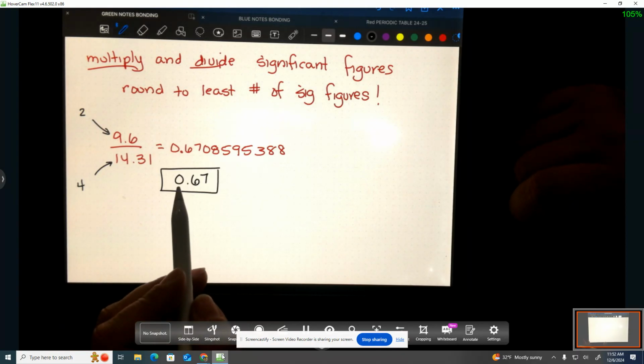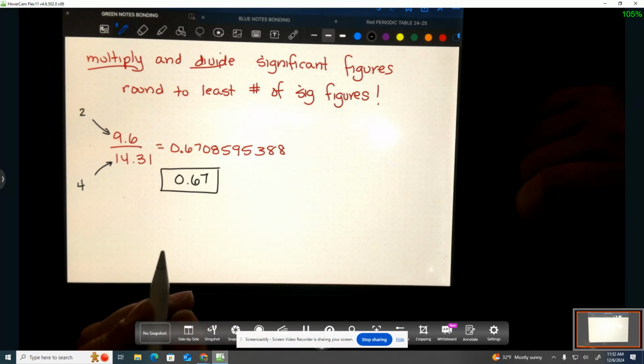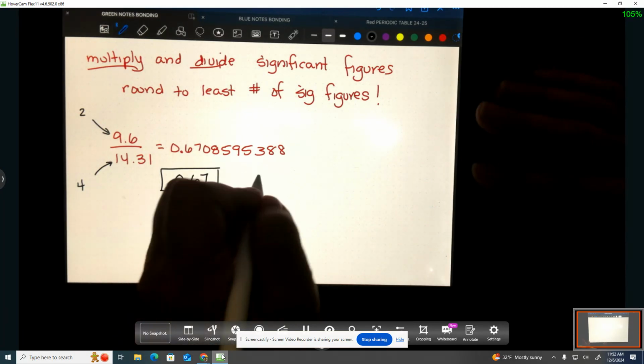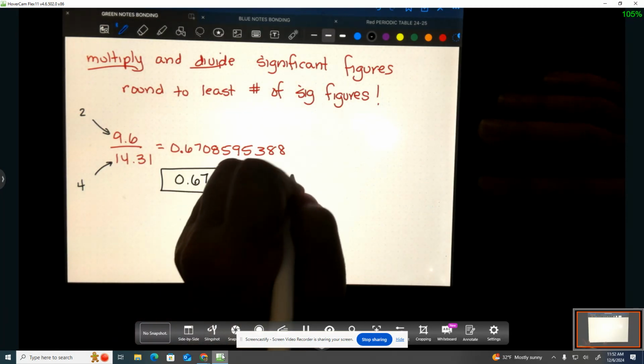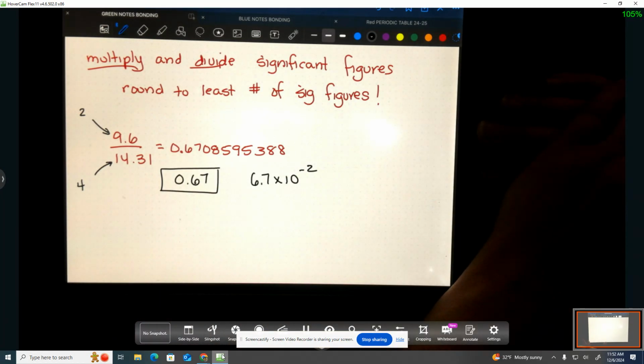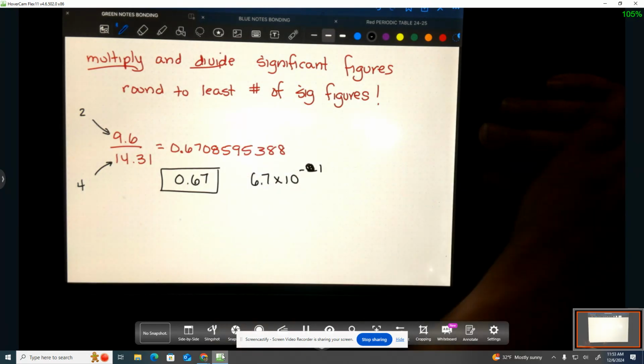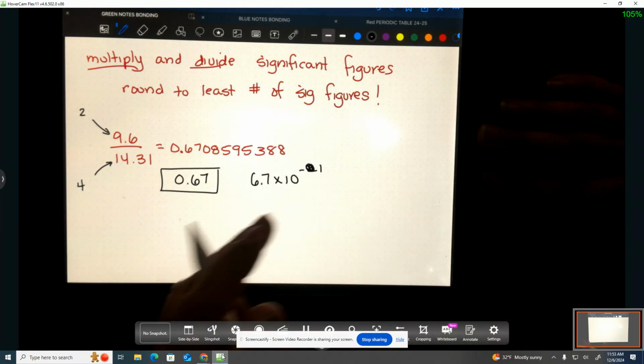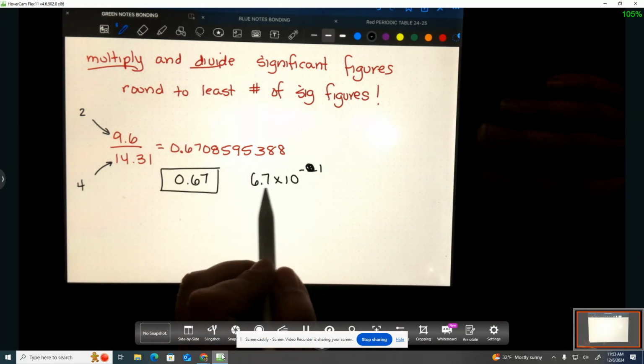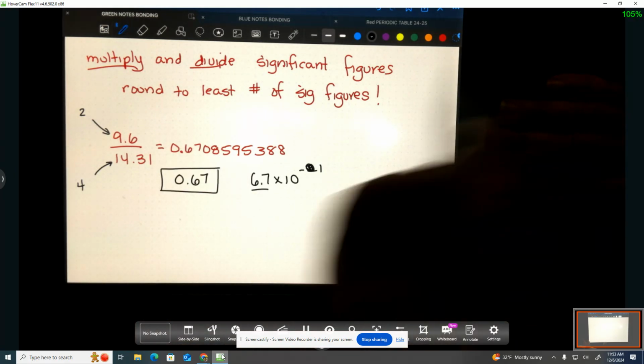Yeah, because really, if you want to know, we should take it one step further and put it in scientific notation. No, thank you. That's like extra. I like the 0. So that's why this has 2 significant figures.